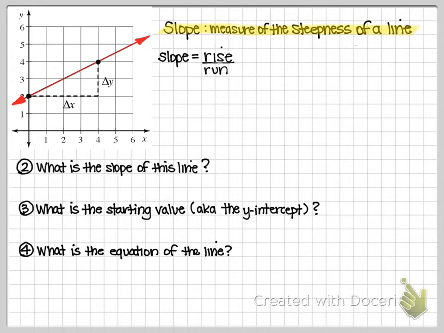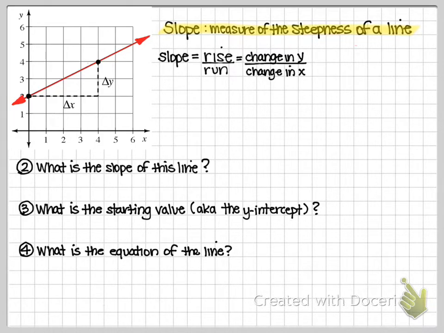Now, rise represents your y's, because your y-axis goes up and down. So this can be identified as the change in y. The run is going to be your x's. So this could be your change in x.